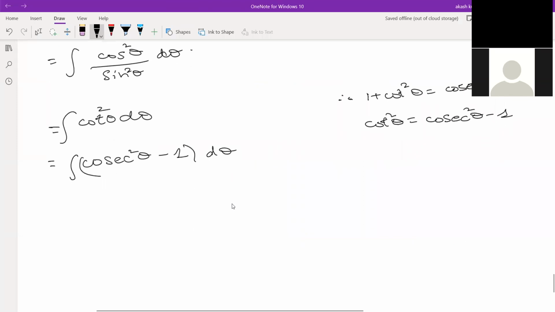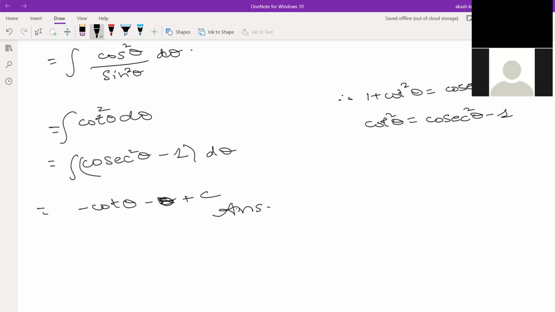The integral of cosec square theta is minus cot theta, and the integral of minus 1 is minus theta, plus c. This is the answer. Is it clear?